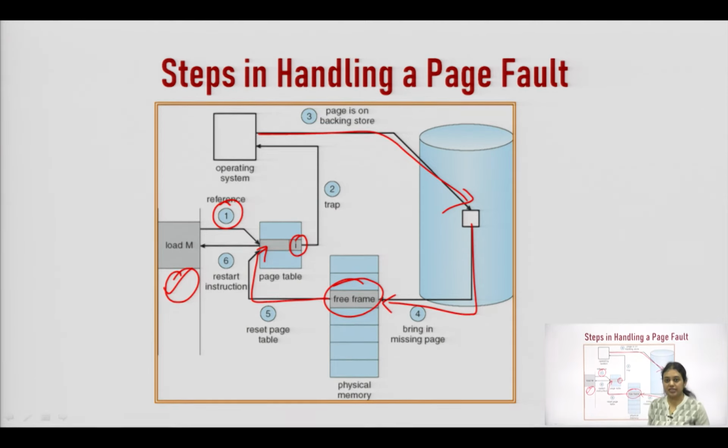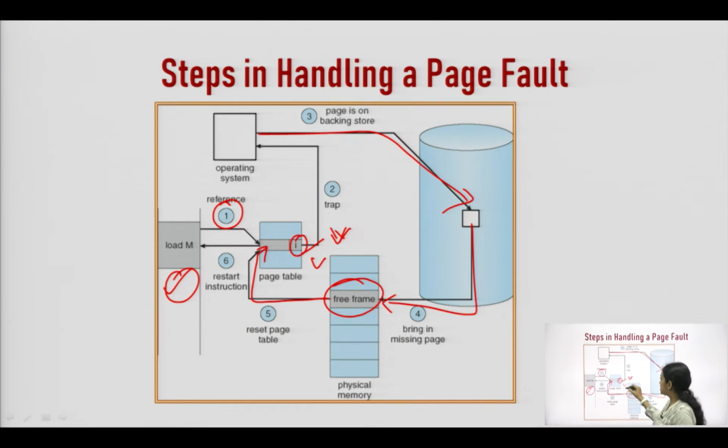What we need to reset? We need to reset this I. Now, it will become V. That means a valid page, that means the page is in memory. And then after that it restarts the instruction and then the process follows.